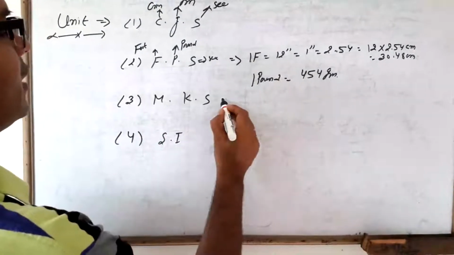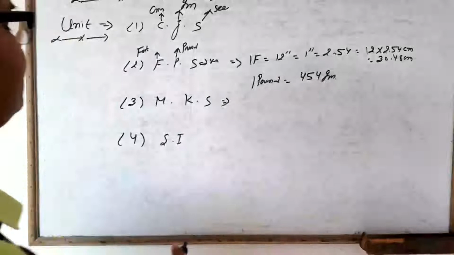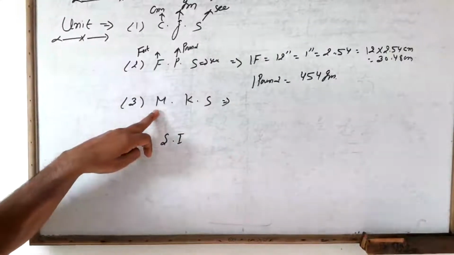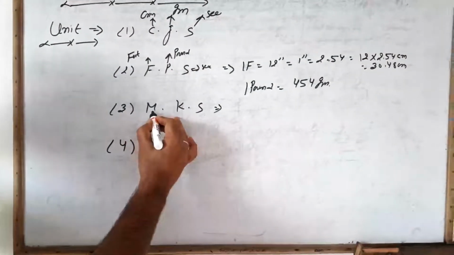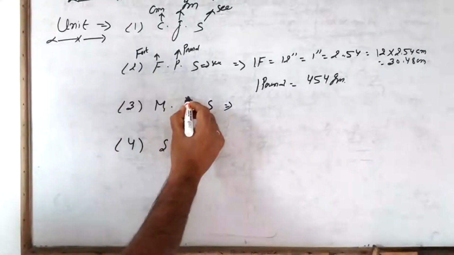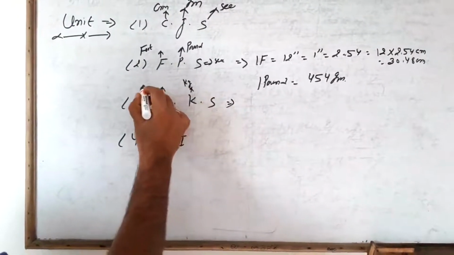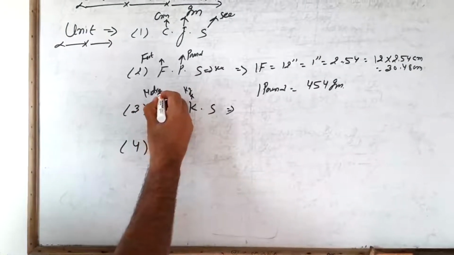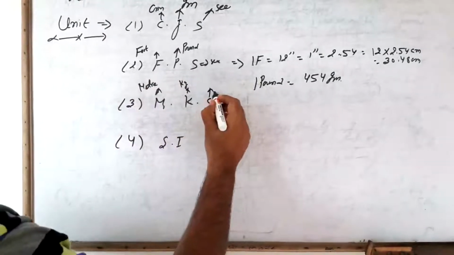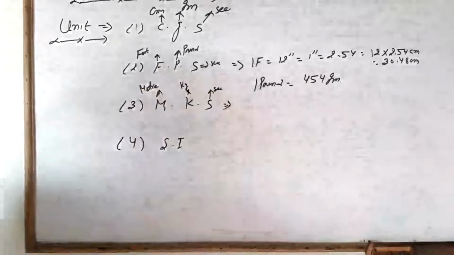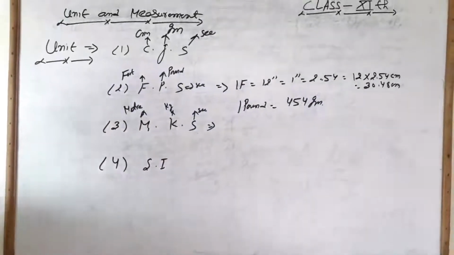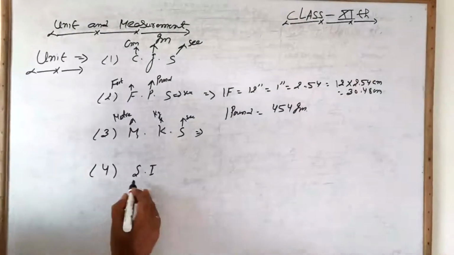Third is the MKS. M for meter and K for kilogram, and the second is applicable for time. Students, fourth is the SI.